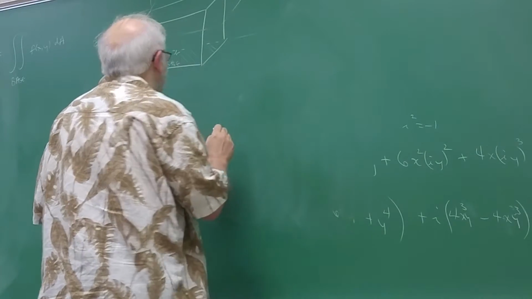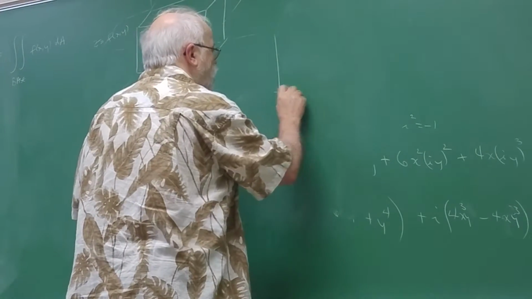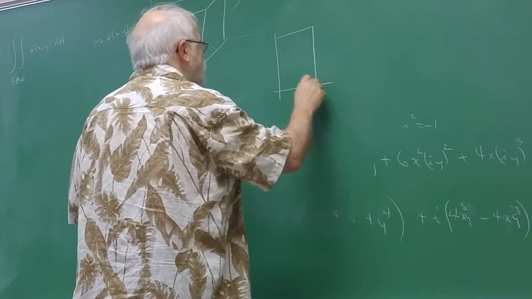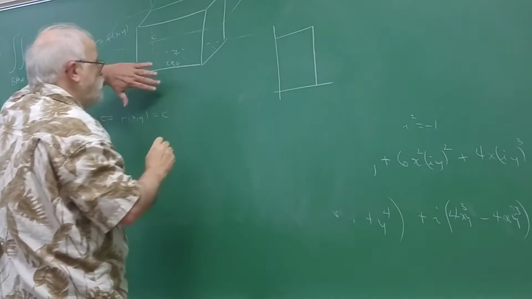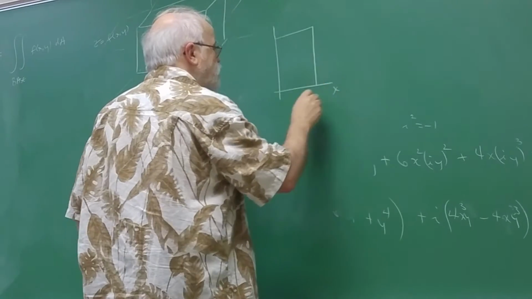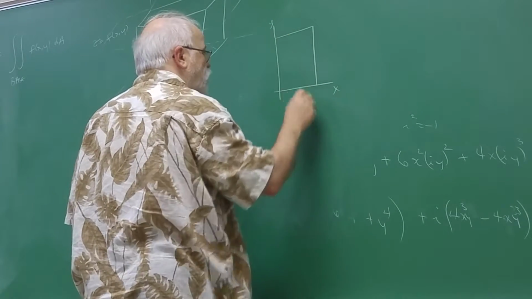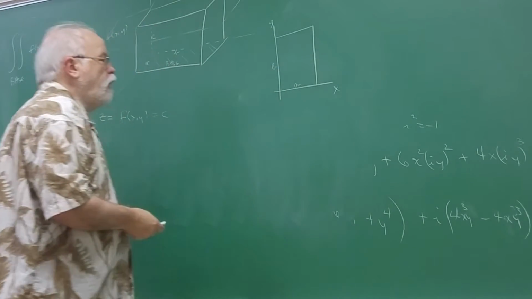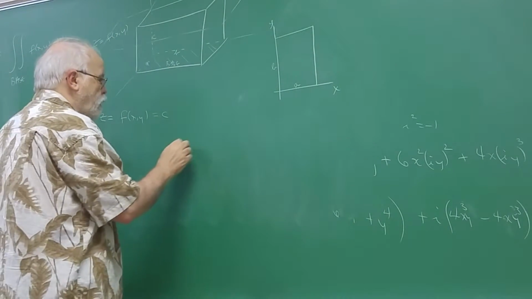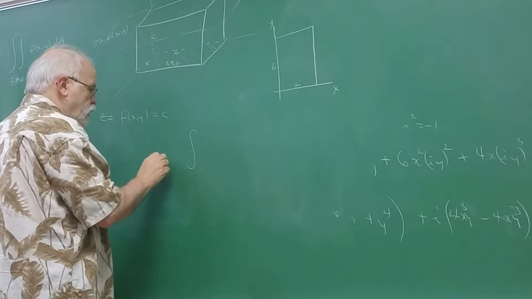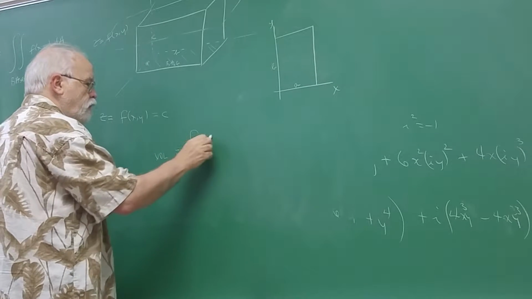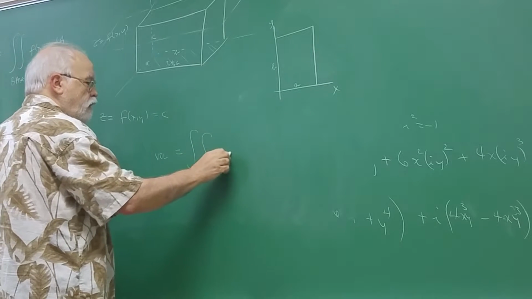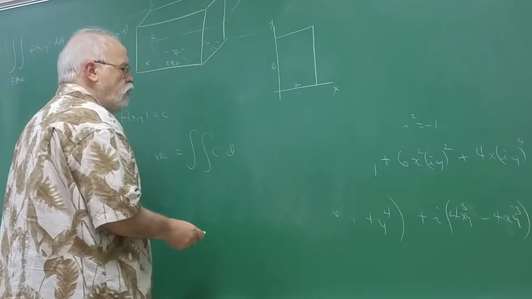There's really no pressing reason to twist this around, but here it is. The volume is now a double integral of this function c, and I choose an order of integration.